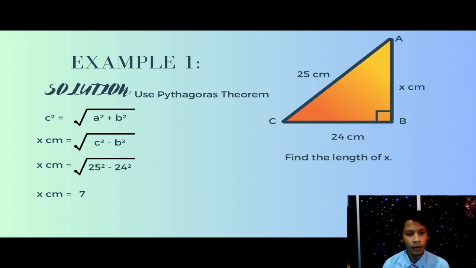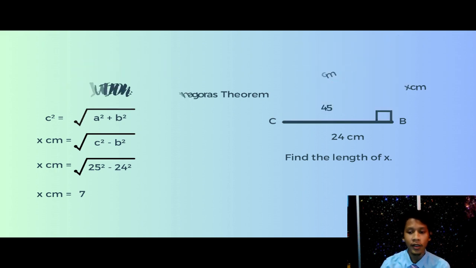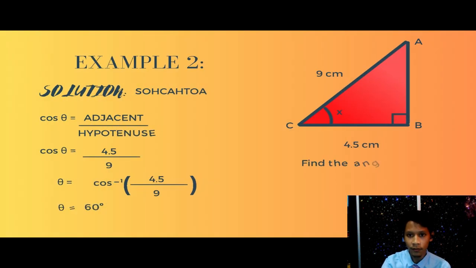That is x cm equals the square root of c squared, the hypotenuse, minus b squared, so x cm equals the square root of 25 squared minus 24 squared. And we calculate using a calculator, we can find that x equals 7 cm. Now, let's move on to the next question.